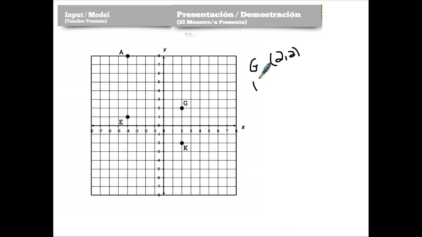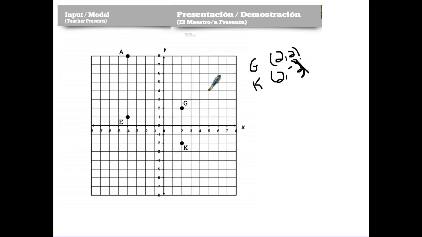For K, again, my X coordinate is 2. My Y coordinate is -2. So I'm noticing that it's my Y coordinates that change, not the x coordinates.